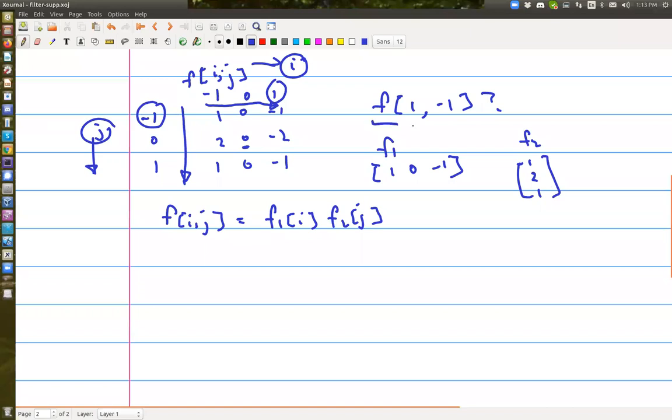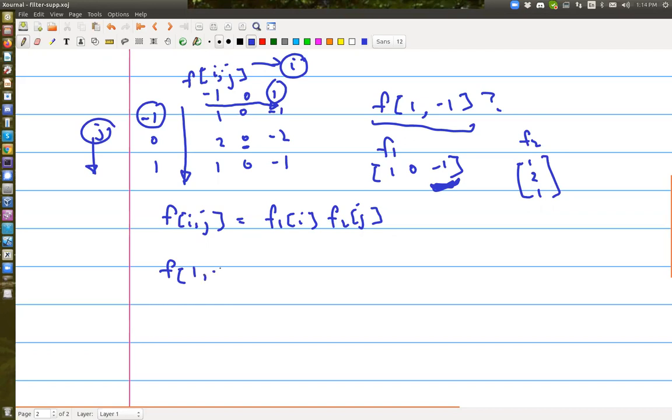For example, F1 minus 1 is this one, F1i. Let's take a couple of examples to make sure.